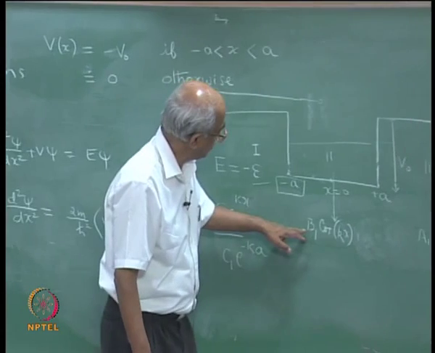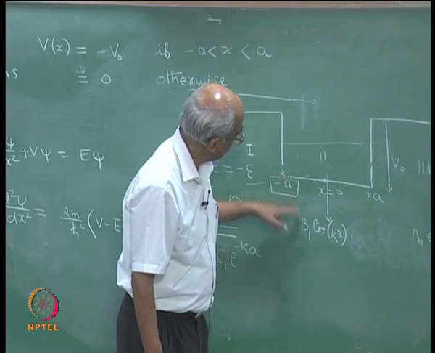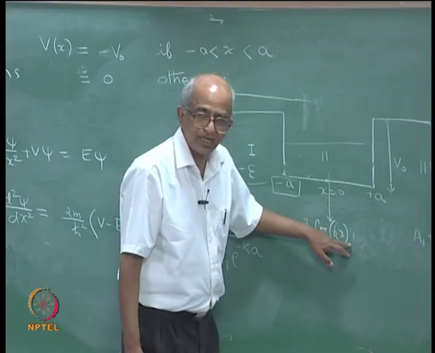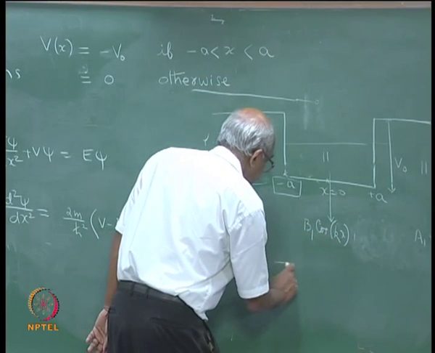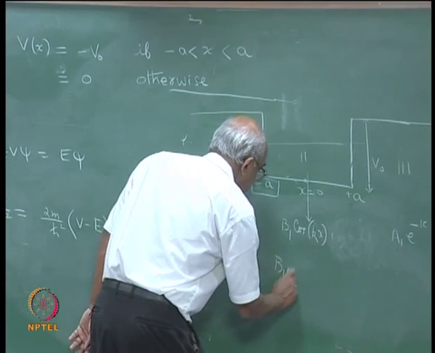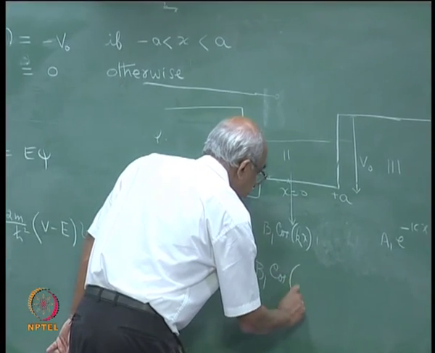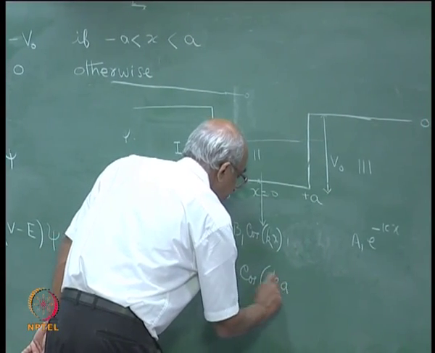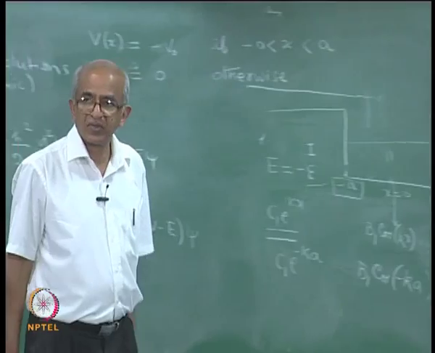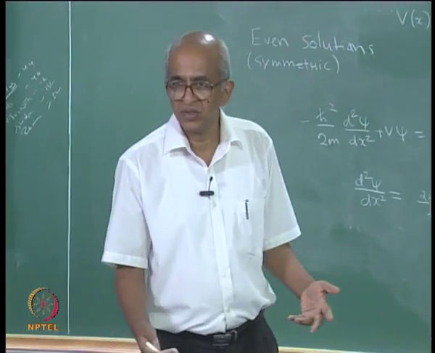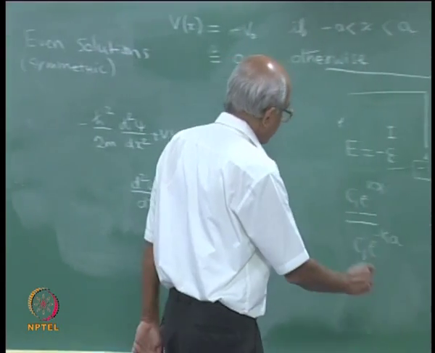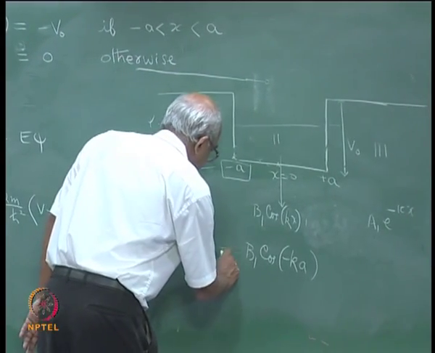And what is the value of the wave function at this point evaluated using that expression? It will be equal to B1 cos minus Ka, and the two have to be equal. And so you get this equal to that.